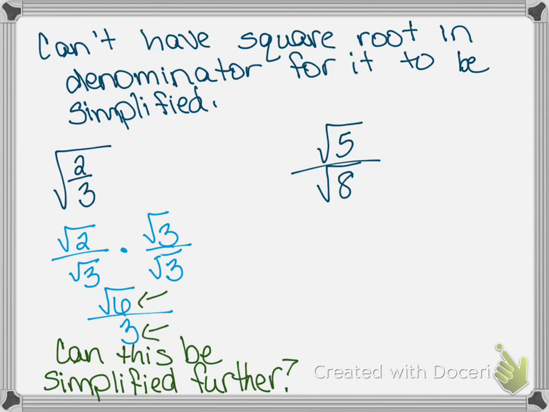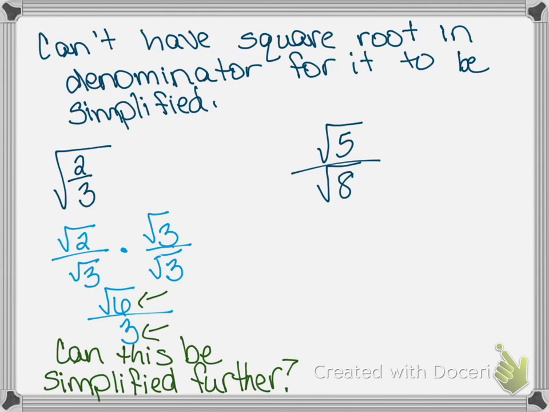You can't. The reason you can't is because the 6 is inside a radical, and the 3 is what? Is there a radical with the 3? No. So you can't divide those. If they were both inside a radical or both outside a radical, you could combine them. But if one's in and one's out, you can't.